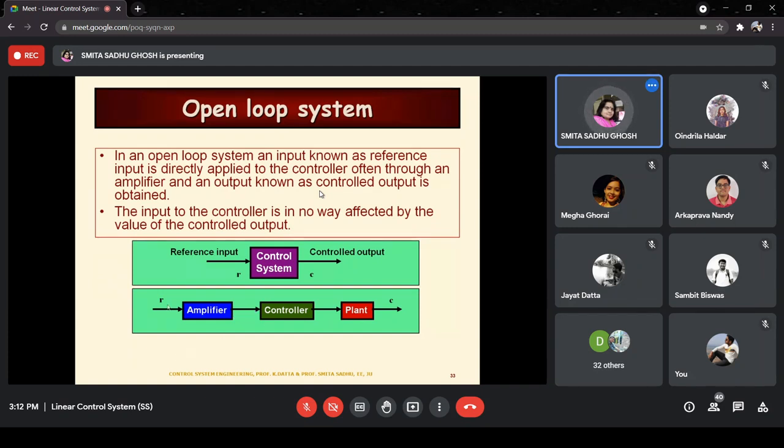The input to the controller is in no way affected by what I have at the controlled output. Okay, so if it is large, if it is small, the controller has no means of knowing and taking any action on the basis of the controlled output, right?